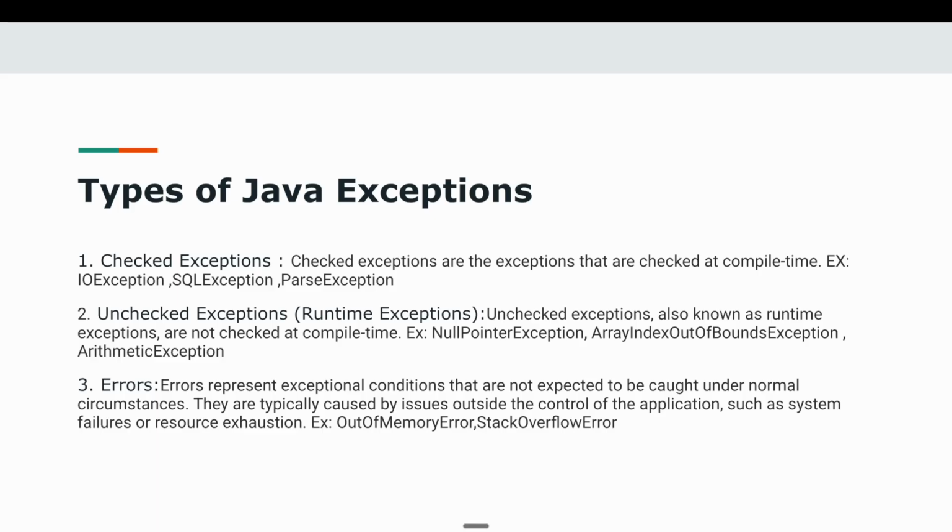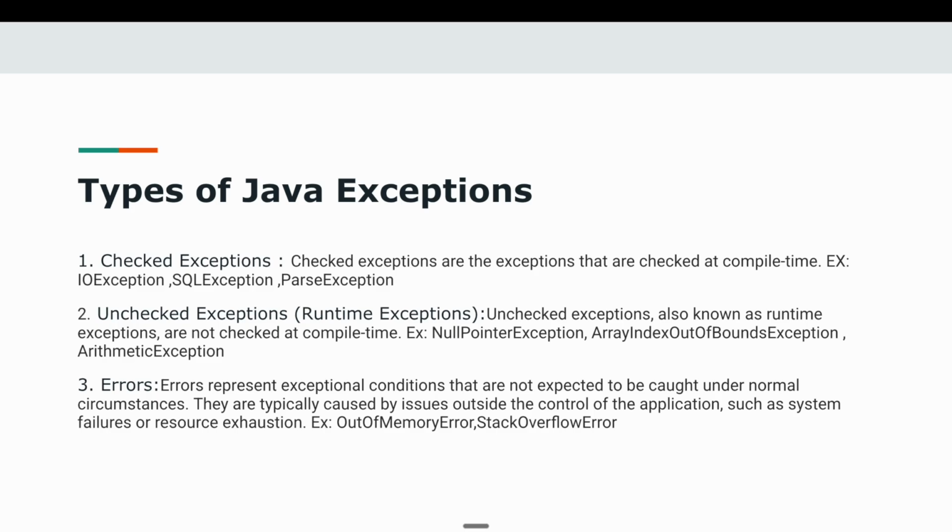They are typically caused by issues outside the control of the application, which is not in your control, such as system failure or resource exhaustion. When your resource is exhausted or your system has failed, at some point this error happens. So these are the types of exceptions in Java, categorized into three categories: checked, unchecked, and errors.